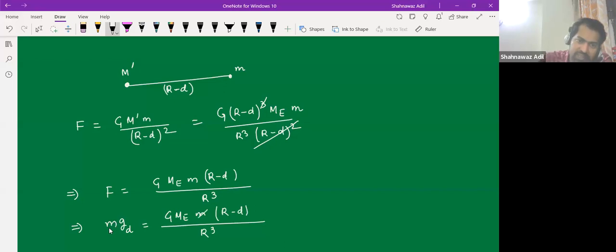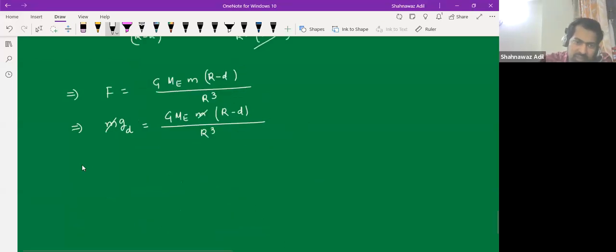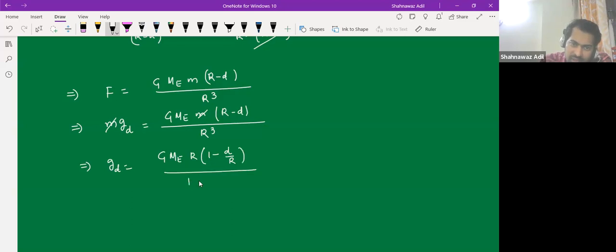m will cancel, and again we'll do the same thing. We'll take R common, and this would be 1 minus d by R divided by R cube. So R and this cancel, this is R square. So g d is GM by R square times (1 minus d by R).